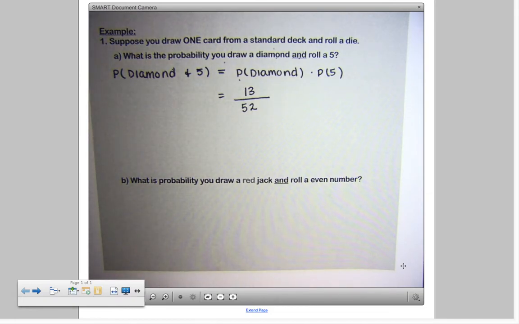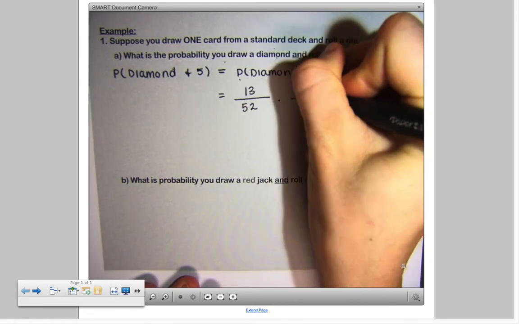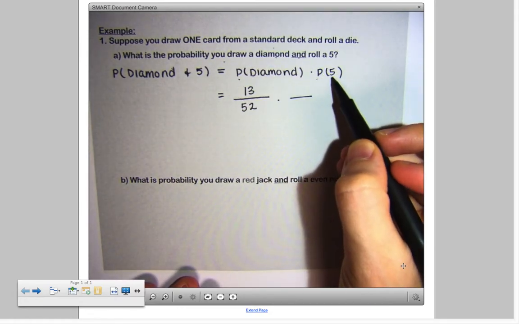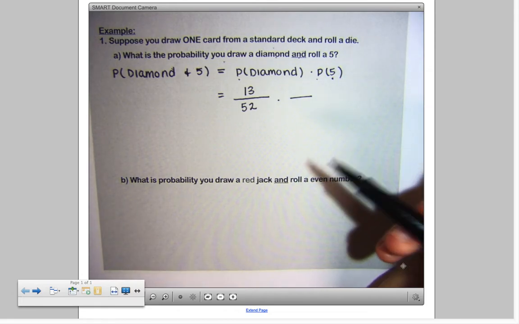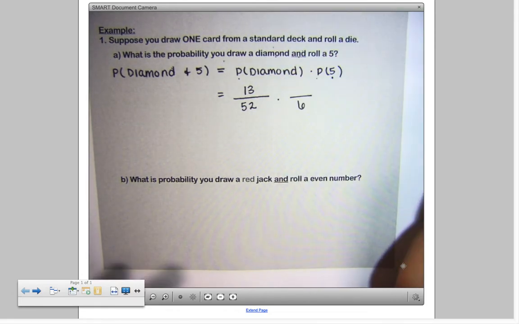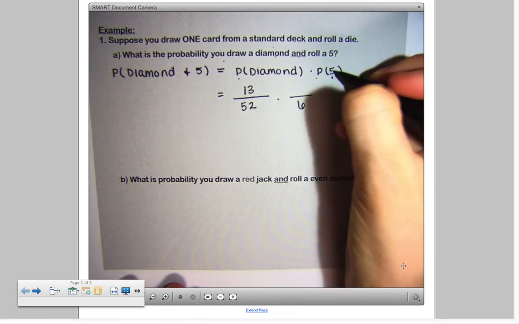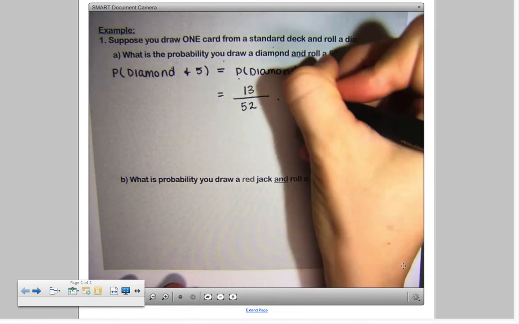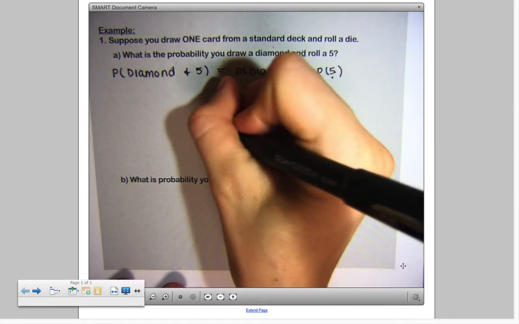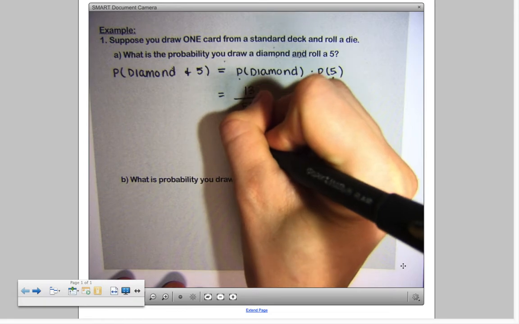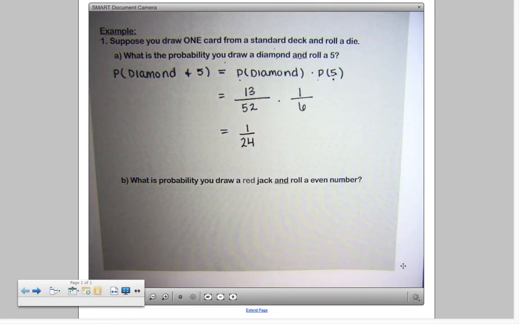So I have 13 out of 52 times the probability I roll a 5. Since we're rolling a die, there are 6 options, 1 through 6, so my total is 6. I want a 5. There's only one 5 on a die, so my numerator is 1. If I multiply these two together, my probability would be 1 out of 24.